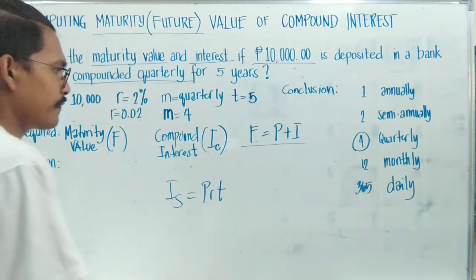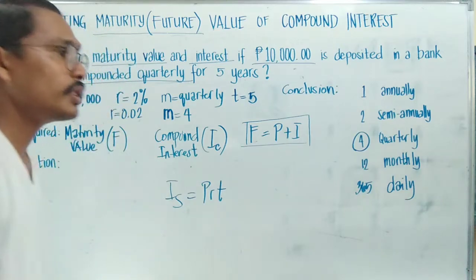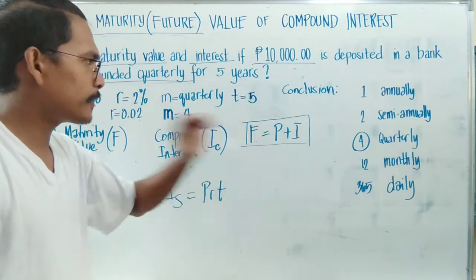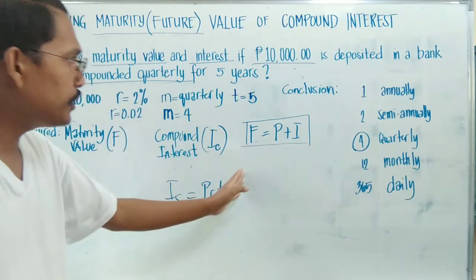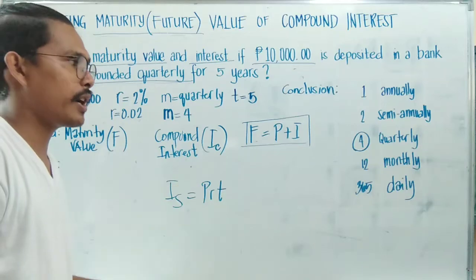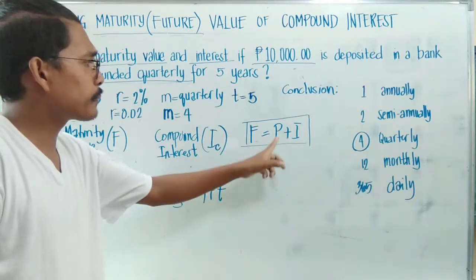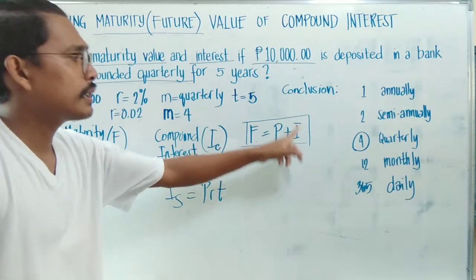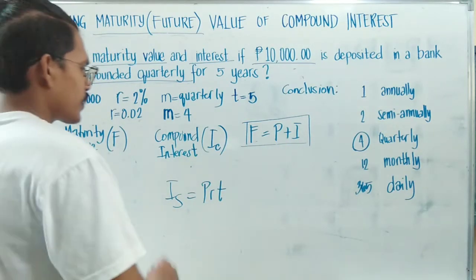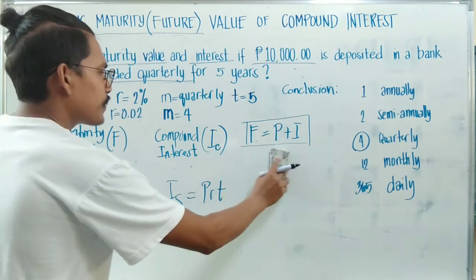We can use this formula either when you are solving your future value in compound interest or in simple interest. The future value is always equal to the principal plus the interest. So later I will explain and derive the equation for I sub c from this thing.